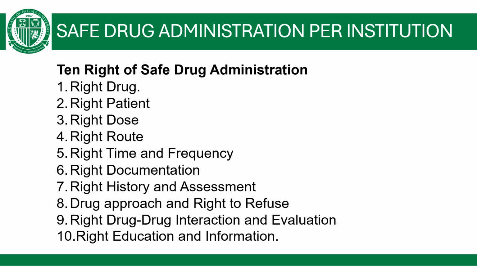In the Philippines, we have 10, such as the right drug, the right patient, the right dosage, the right route, the right time and frequency, right documentation, right history and assessment, right drug approach and right to refuse, right drug interaction and evaluation, right education and information.